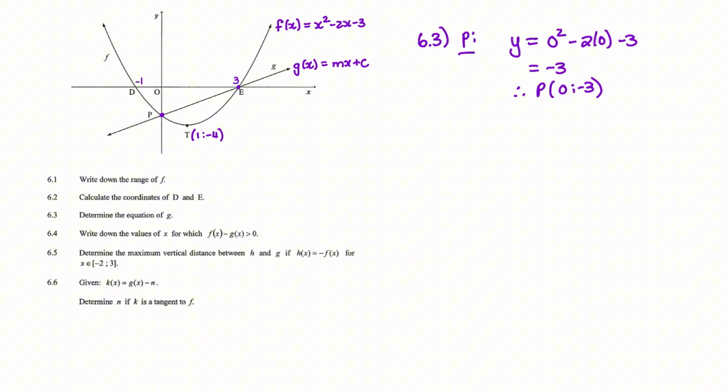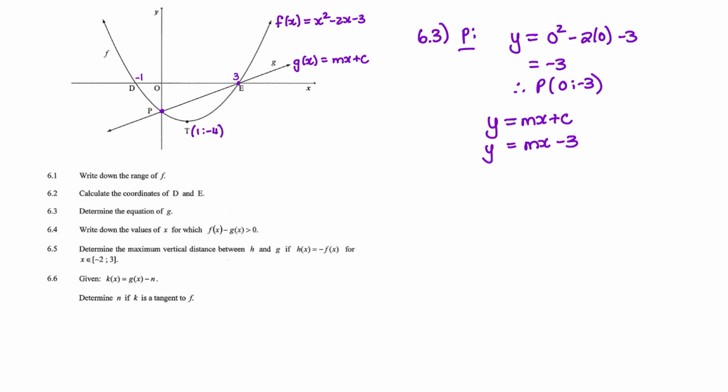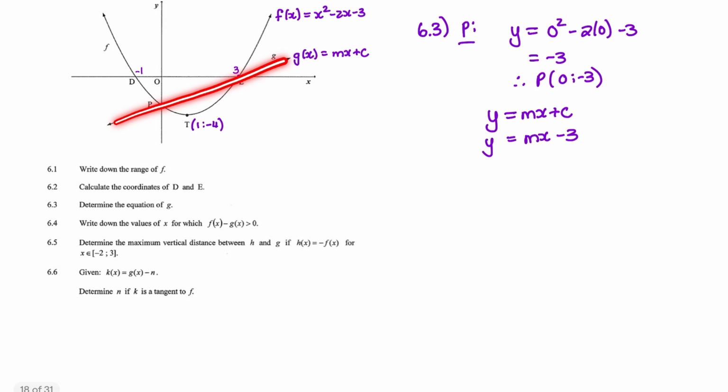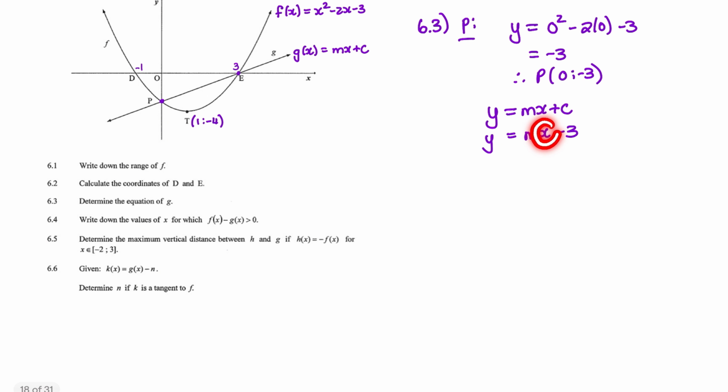So therefore, if I have our straight line as y = mx + c, we have our y-intercept, which is c, as −3. Next, we want to find the gradient of this line. So we can find the gradient by using our gradient formula and using the points E and P. Alternatively, we can substitute x and y with the coordinates of E. So at E, y is 0, x is 3, and we have the y-intercept.